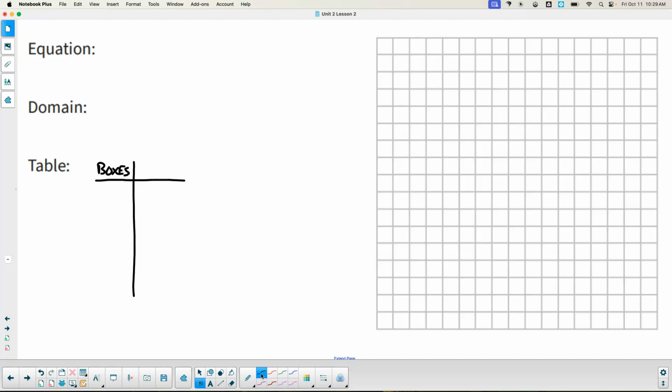Boxes is going to be what comes in, so that's my input, is the number of boxes. And then the number of books is what we're looking for. So if we have one box, on average, it contains 8 books.